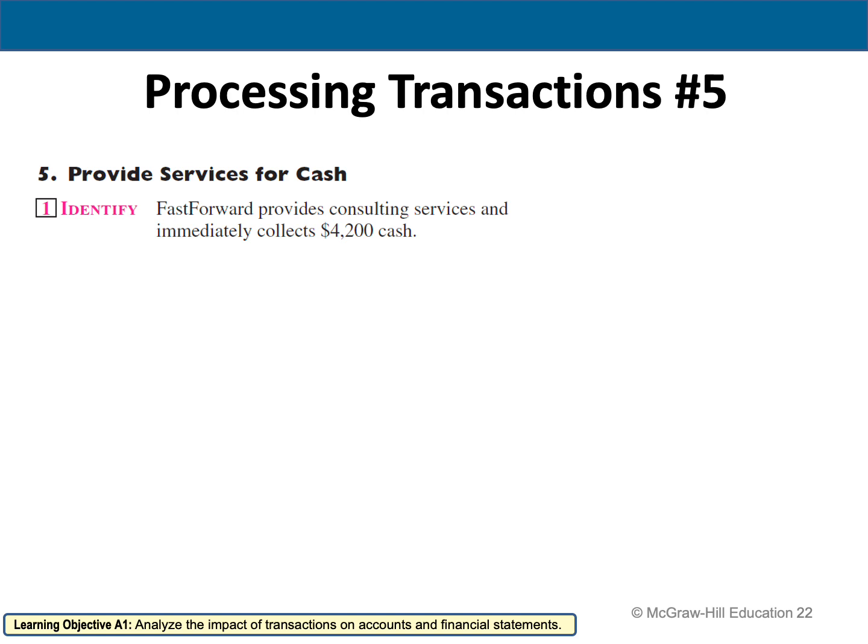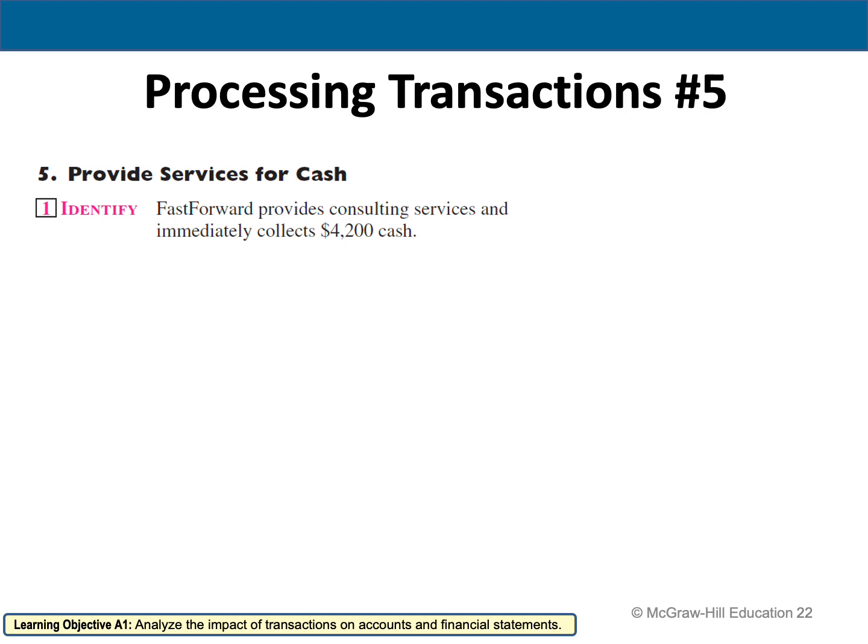So first step, let us identify the transaction. They say here, fast forward, they provide a consulting service and they immediately collect 4,200 as cash. So the company provides the service, and they're done and they directly receive the cash. How are we going to analyze the transaction?